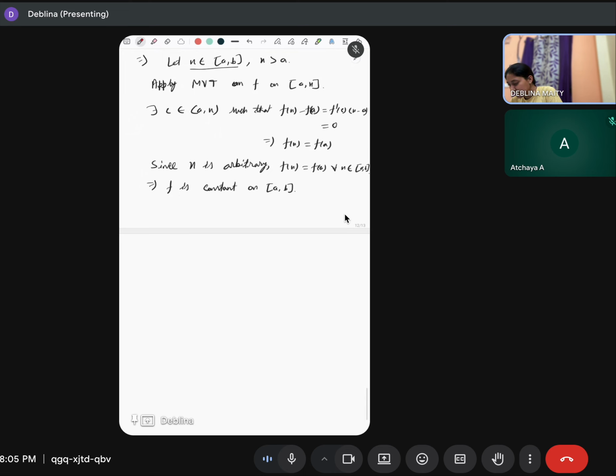Okay, let's go to the next one. Let f from open (a, b) to R be differentiable.